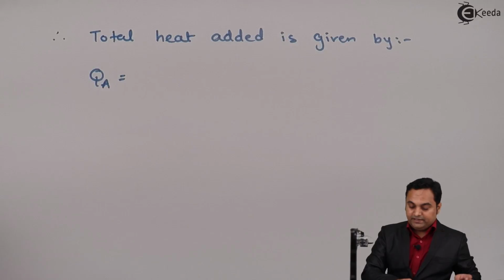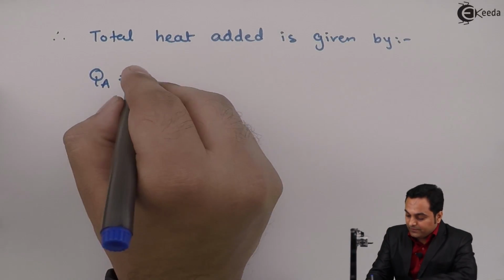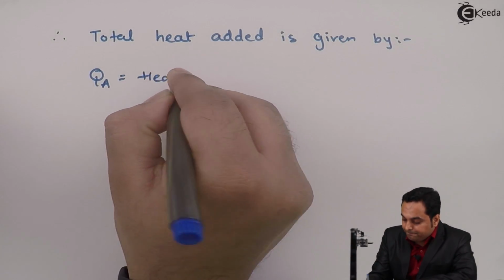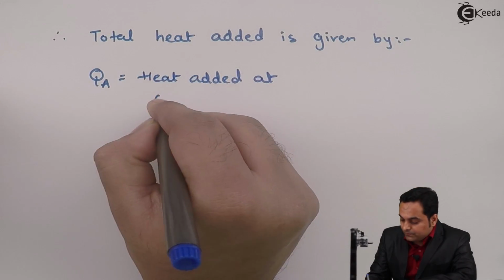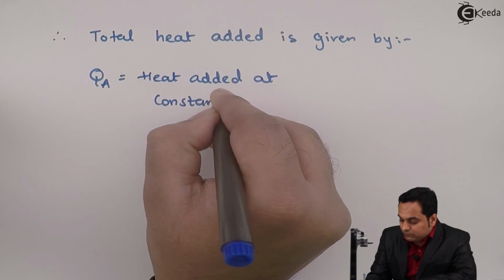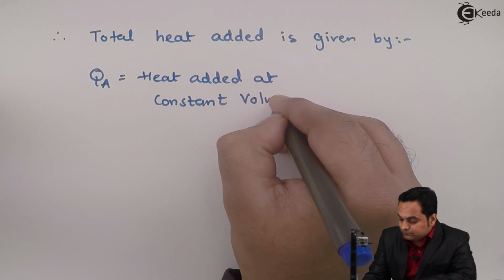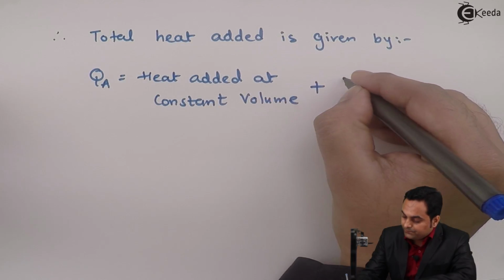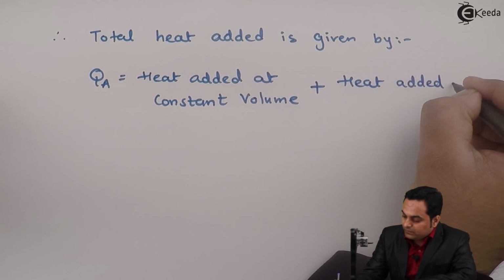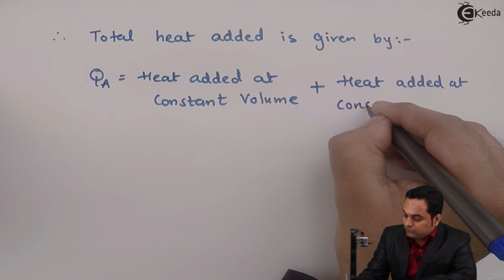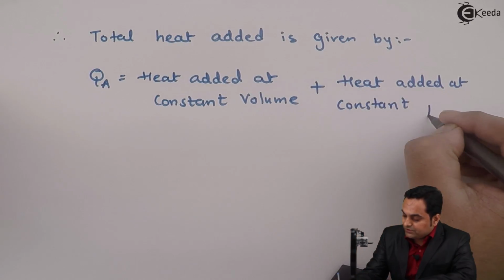So the total heat added is given by heat added at constant volume plus heat added at constant pressure.